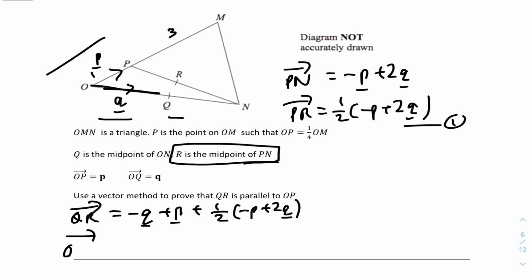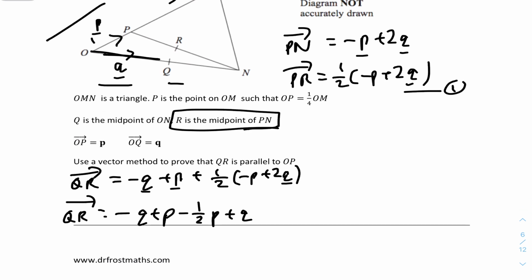So we can simplify it to get QR equals minus Q plus P minus 1 over 2P plus Q. And basically the Q cancels out to get 1 over 2P. So QR is 1 over 2P.